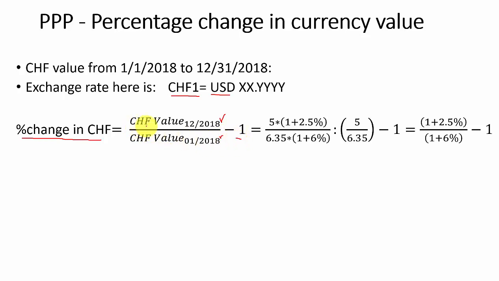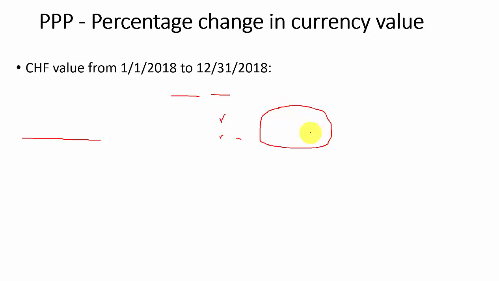In this case, it is the value of the Swiss franc at the end of 2018 divided by the value of the Swiss franc at the beginning. And in the previous slide, I kept those formulas, okay? The value at the end is that whole number. So you can check it here.